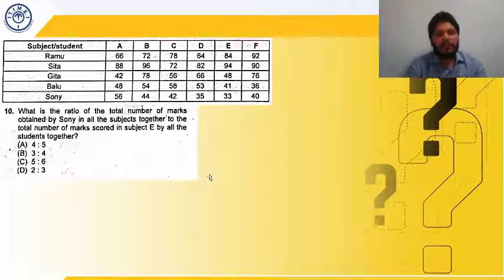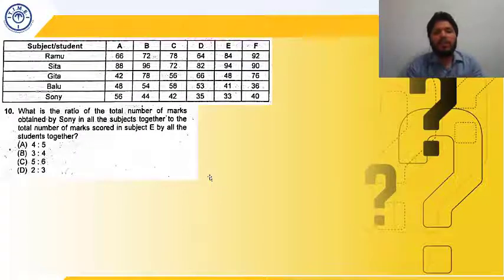I will just read it for you. What is the ratio of the total number of marks obtained by Sony in all the subjects together to the total number of marks scored in subject E by all the students together? So the question here is, what is the ratio of the total number of marks obtained by Sony in all the subjects together to the total number of marks scored in subject E by all the students together?